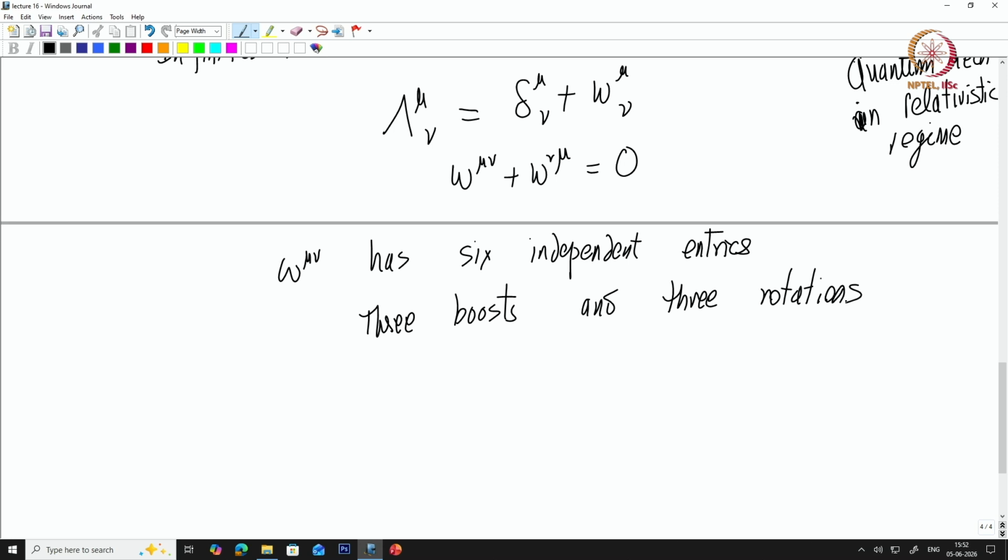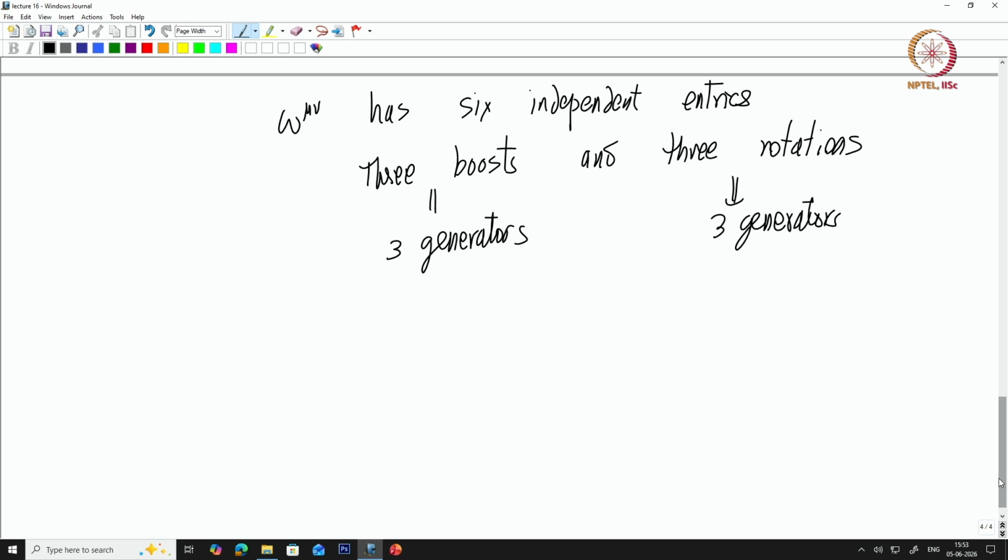If I call these generators, there are 6 independent generators: 3 for the rotations, which will be xy, yz, zx rotations, whereas the boosts would be the x direction boost, y direction boost, z direction boost.